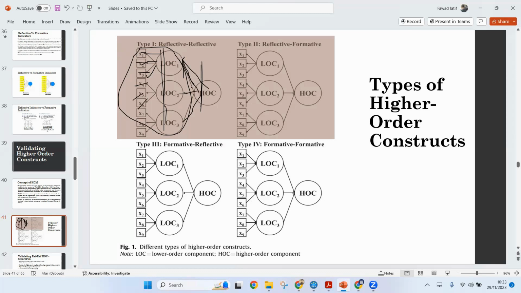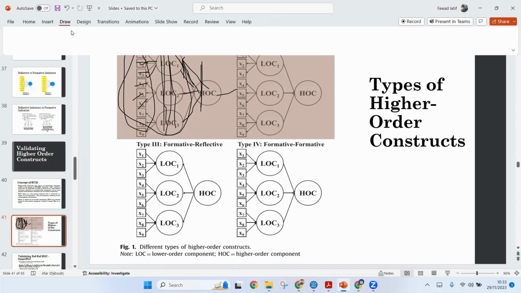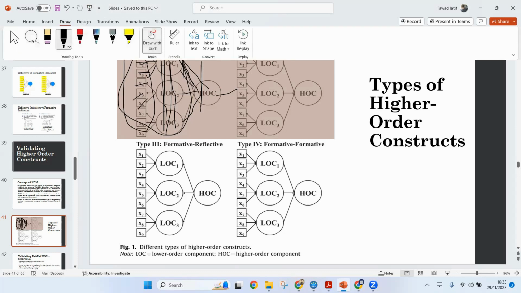And what do we mean by reflective at higher order? These become interchangeable as well. Now, these are the items for the lower order constructs. So where are the items for the higher order construct? Every construct will have items. Every single construct will have items. So where are the items for the higher order construct?